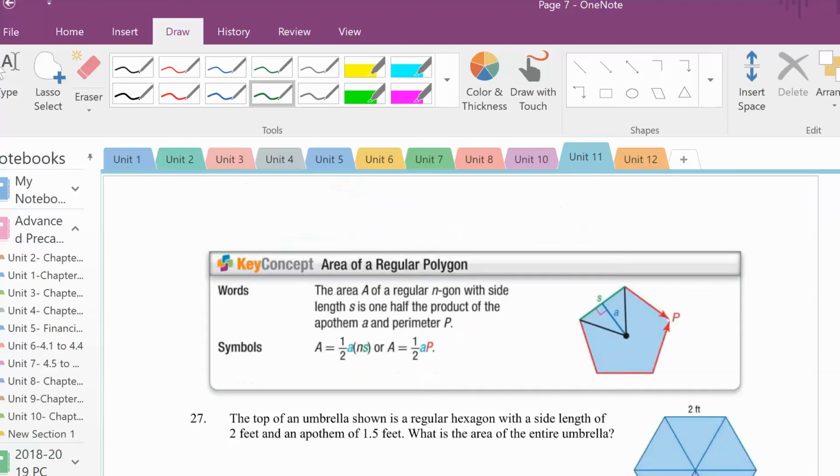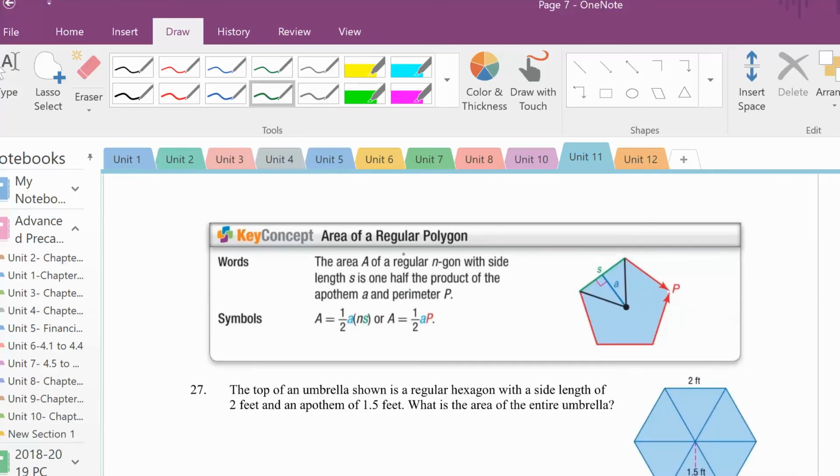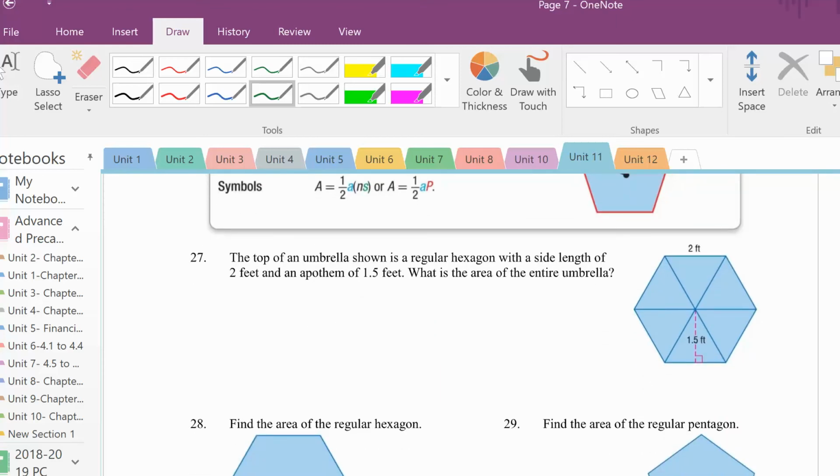All right, so to find the area of a regular polygon, based upon that, you take 1/2 the perimeter of the base times the apothem. So the top of the umbrella is shown, a regular hexagon with side length 2 feet and apothem 1.5.